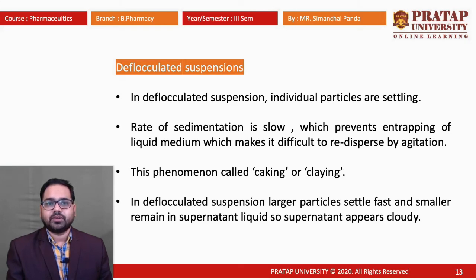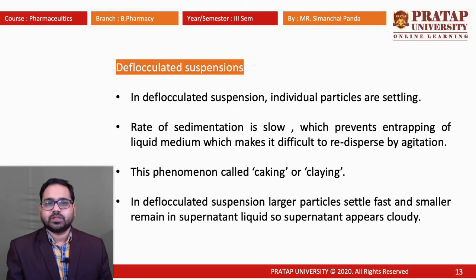But in case of deflocculated suspension, the particle radius is very small and they will move rapidly and randomly. Sometimes similar types of ions are used to make them hang for a long time. For example, if the particle or any drug is slightly negatively charged, we can add some suspending agent that also has somewhat negative charge.